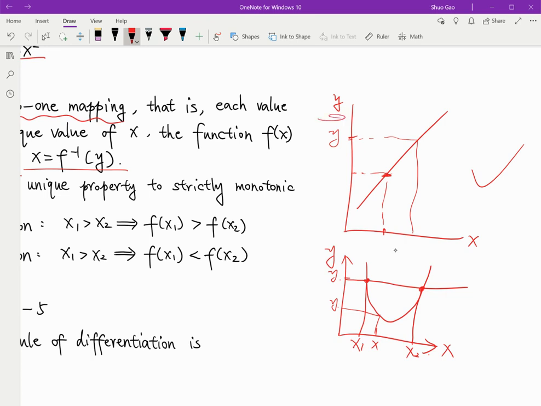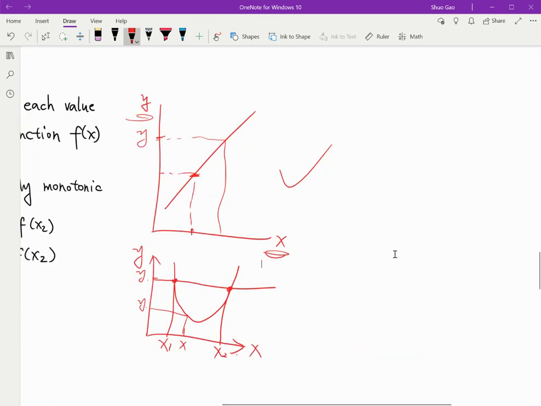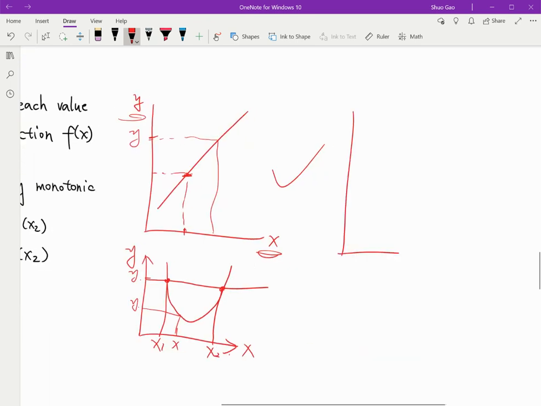So in the previous example, y is a function of x, but we can also write x as a function of y, since they're a one-to-one mapping. So we can write y as the independent variable, and x as the dependent variable.